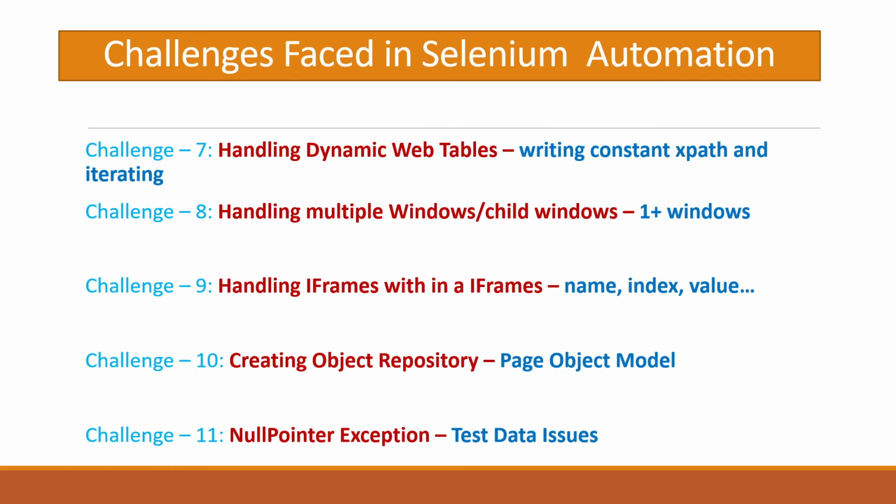For example, for the login page I can initialize all the web elements related to username, password, the login button and forgot my password. With the help of the @FindBy annotation I can locate and define our web elements inside the same class. That is one approach if we are using the page object model. If I am not using the page object model, we can create an object repository with the help of a .properties file.